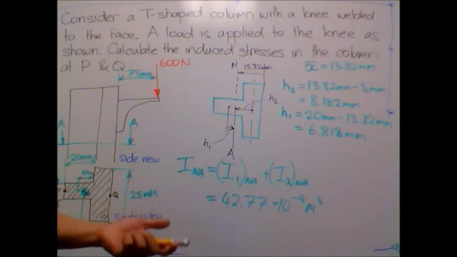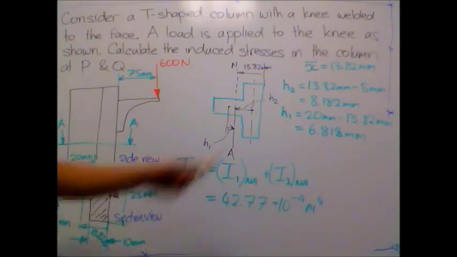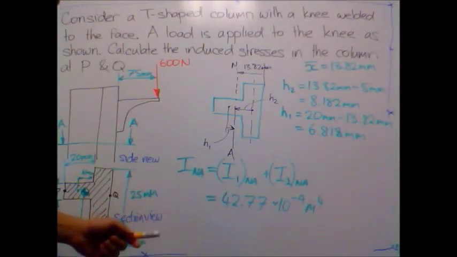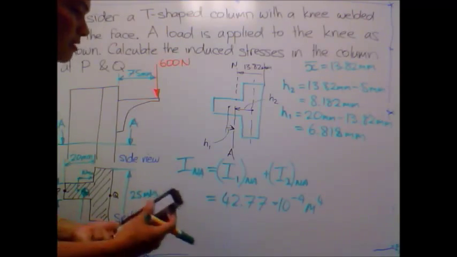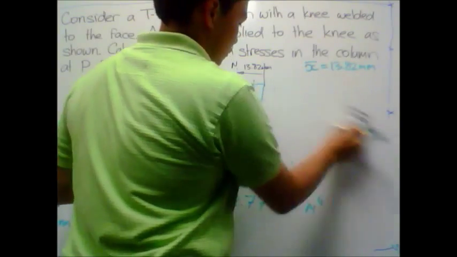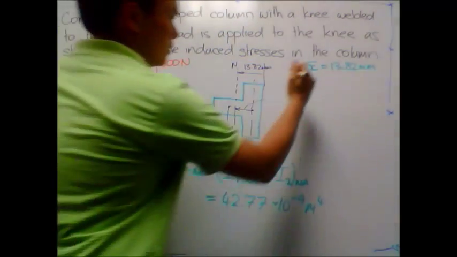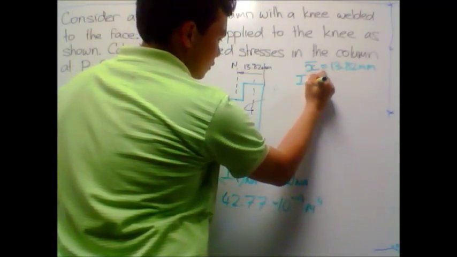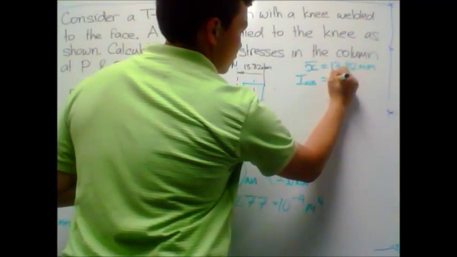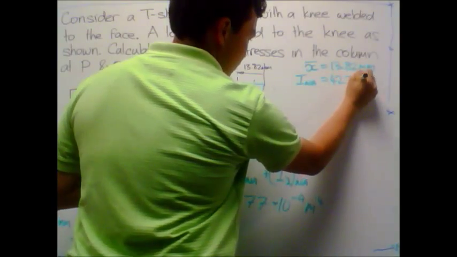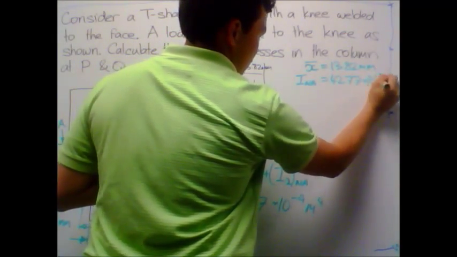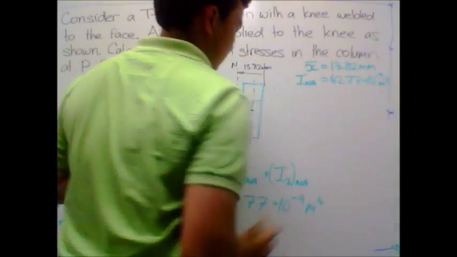This is the next value that I required, and this is actually what I needed my x bar for. I'll also need it for my moment as well. So I'll write this value up here: I around the neutral axis is equal to 42.77 times 10 to the negative 9 meters to the 4.